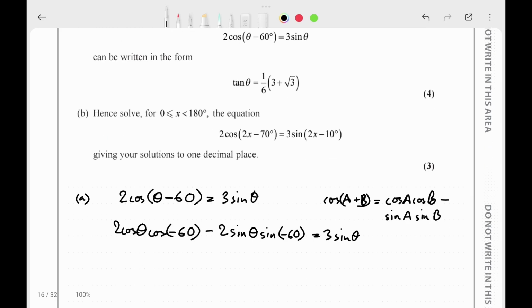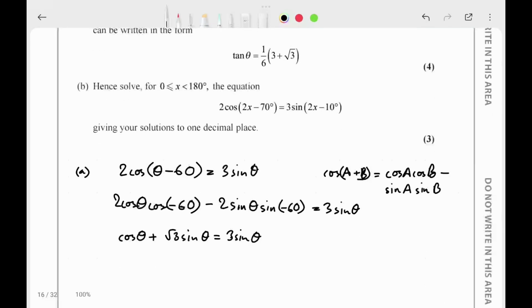Cos of minus 60 is equal to cos of 60, which is half. So it's cos theta, minus sine of minus 60, which is minus root 3 by 2, so it's plus root 3 sine theta.